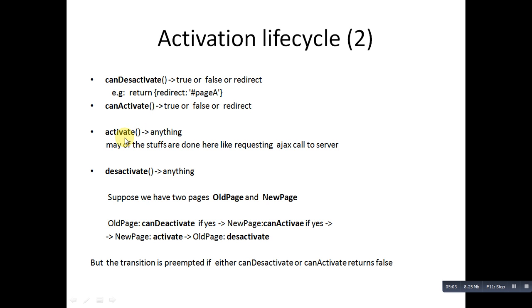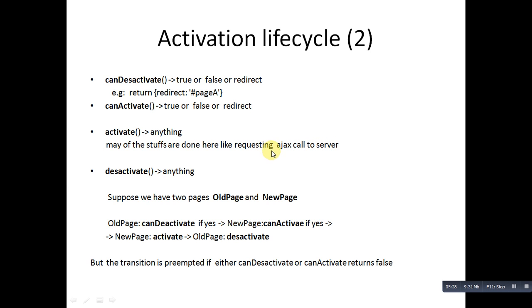The next one is activate, and here is one of the most important. This is the most important callback function, because a lot of the logic of the application will happen here, and it is usually here that we make the request to the server to load the data.